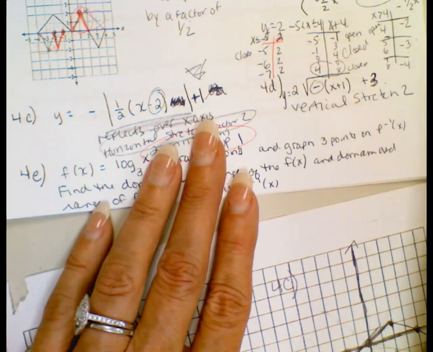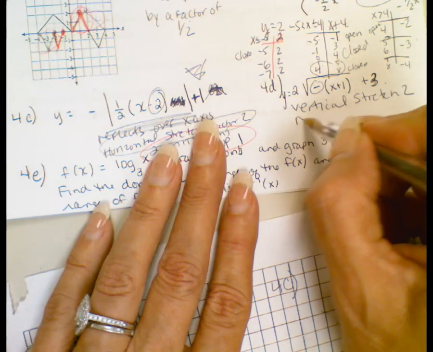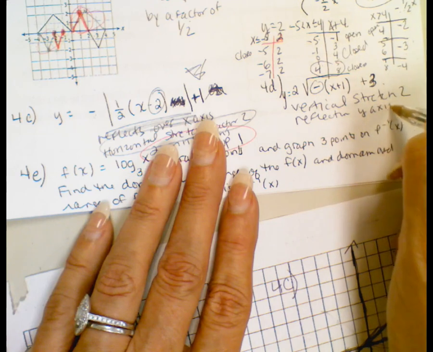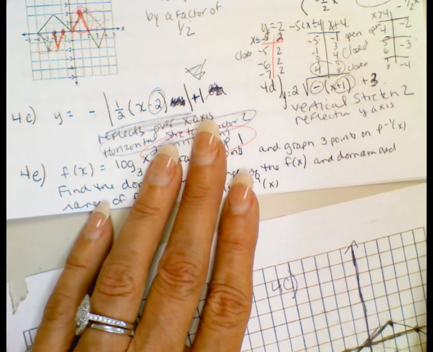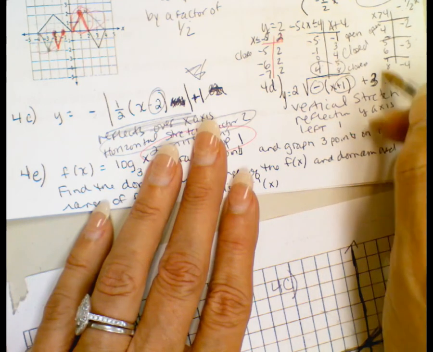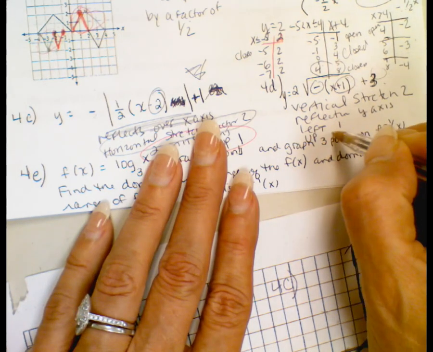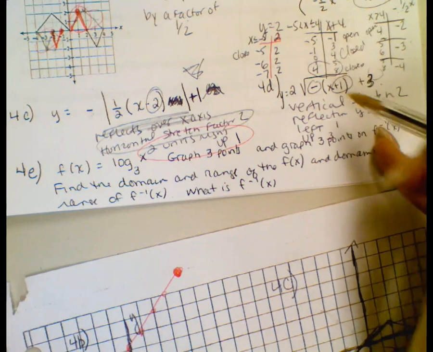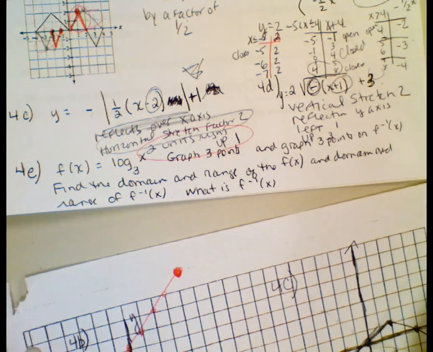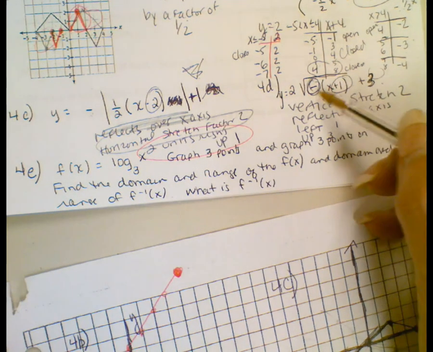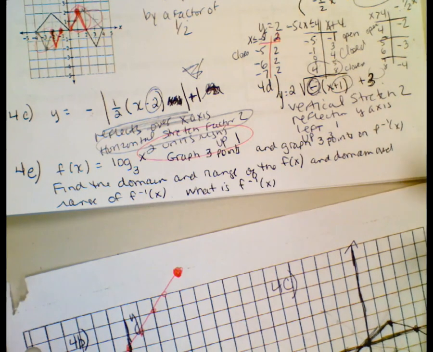The negative's on the inside, so that is a reflection over the y-axis. This 1 is left 1, and this 3 on the outside is up 3. I always do my reflections first, so I'm doing my reflection over the y-axis first. So when I say that, you have to know that it's a square root.